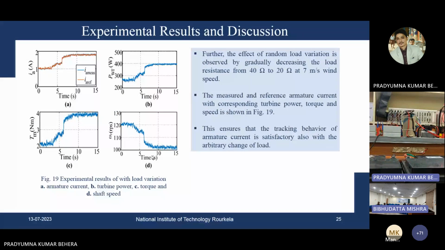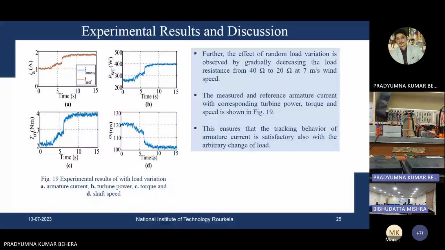Further, the effect of random load variation is observed by gradually varying the load resistance from 40 ohm to 20 ohm. This condition is observed with a constant wind speed of 7 meter per second.